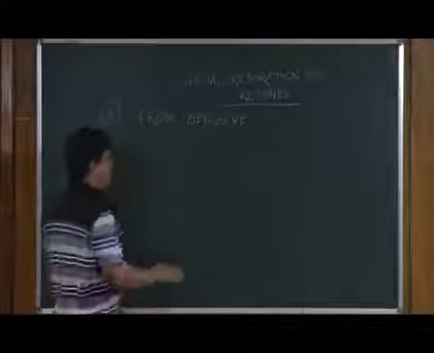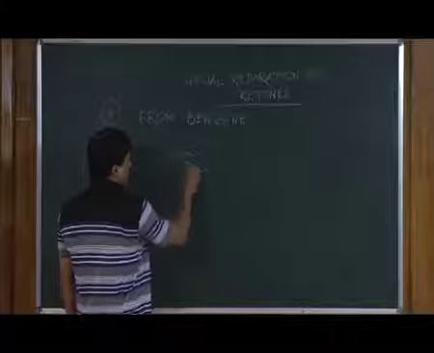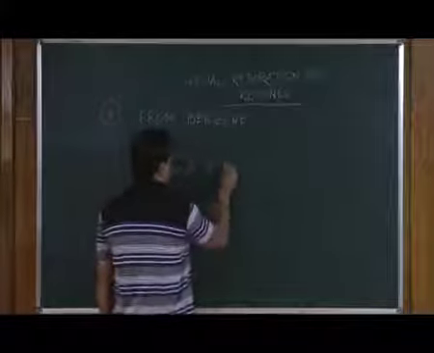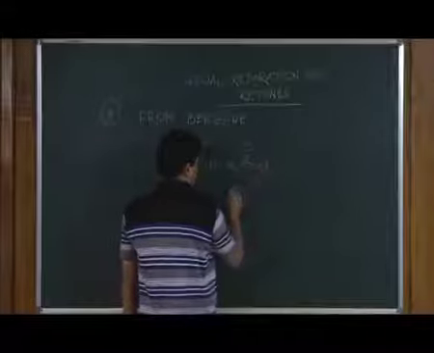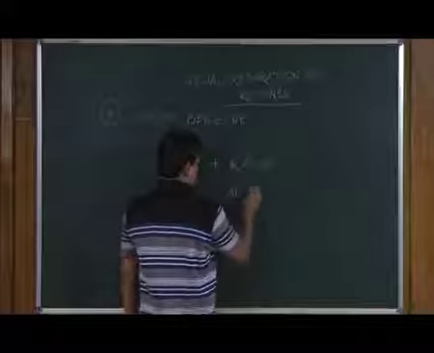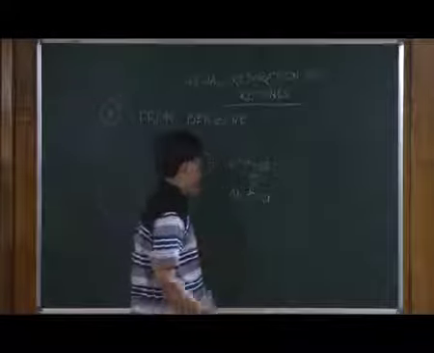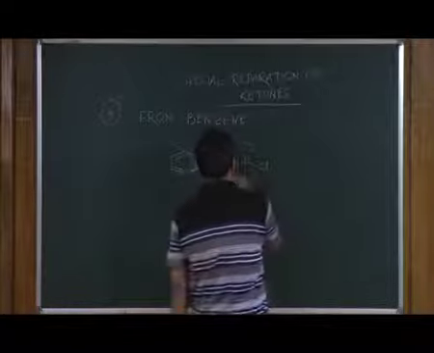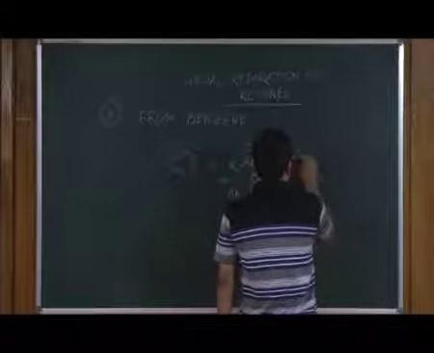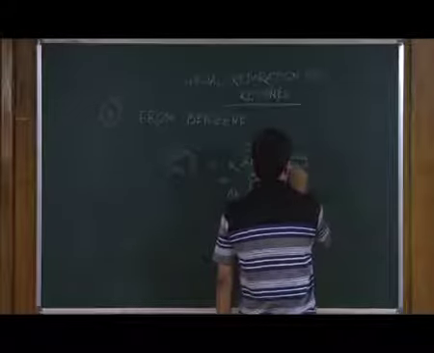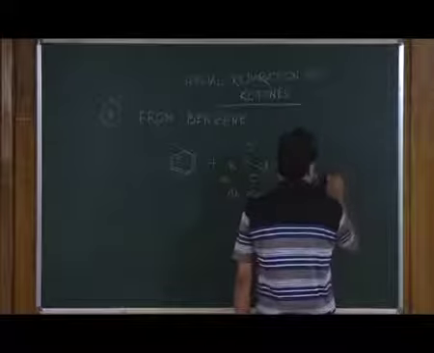For the synthesis of ketones, you can do Friedel-Crafts reaction with acid chloride, it can be aliphatic acid chloride or aromatic acid chloride, and in presence of catalyst anhydrous aluminum chloride you get the ketone.